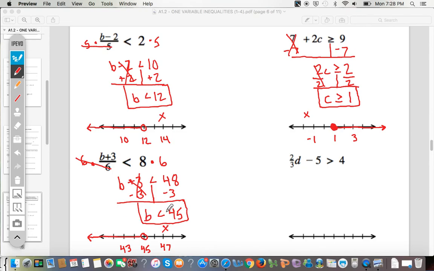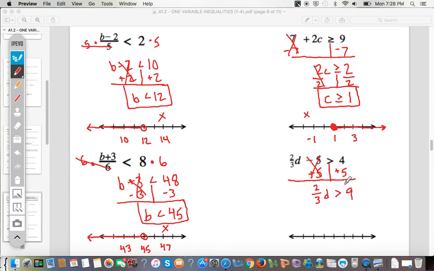Great, last one. Okay, save the hardest for last. So I know my first step, I can add 5 to both sides. So I have 2/3 d is greater than 9.